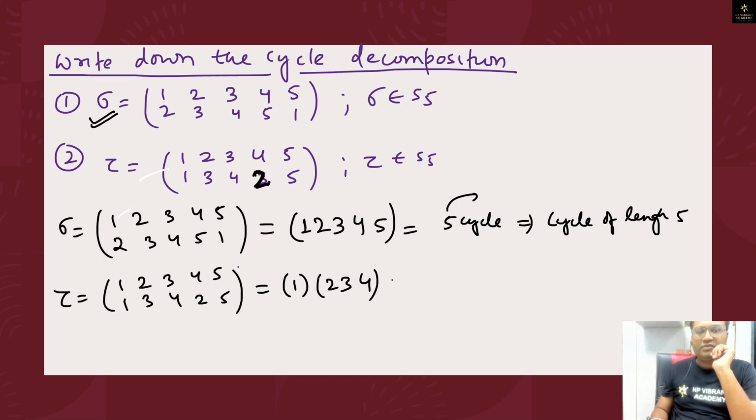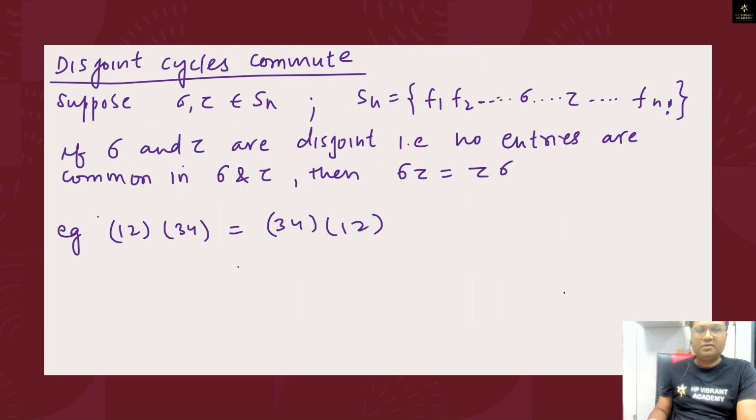This is closed, and we have 5 goes to 5. So this is equal to (2 3 4), which is nothing but a 3 cycle.